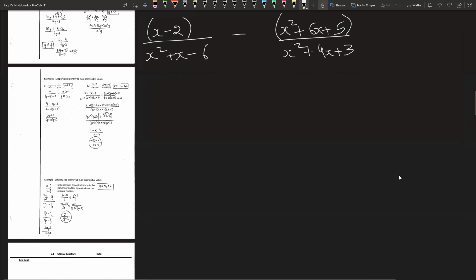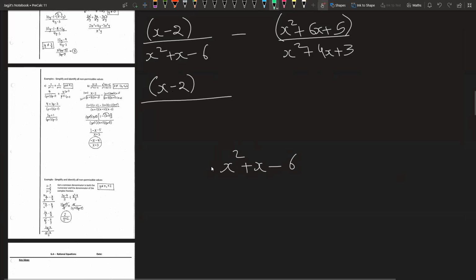Okay, guys, so this is what we have. As a first step, you should factor everything out. So we got x minus 2 here. Now, how do I factor x squared plus x minus 6? Well, what's 1 times minus 6? We got x squared plus x minus 6.